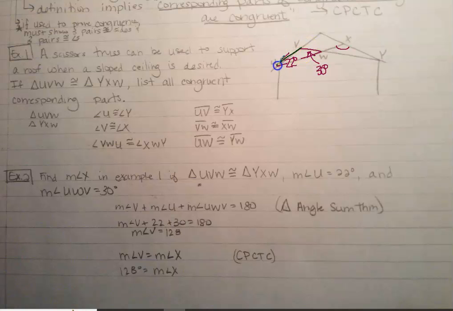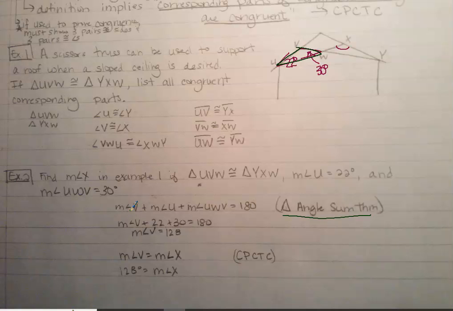So all 3 of these angles would equal 180 degrees because of the triangle angle sum theorem. And that's what it's telling us. So we can use that to help us find the measure of angle X.